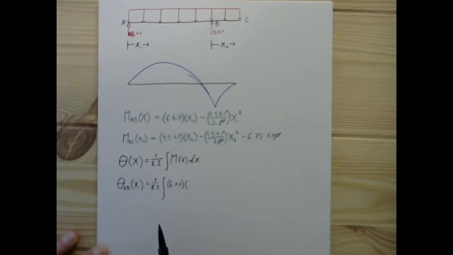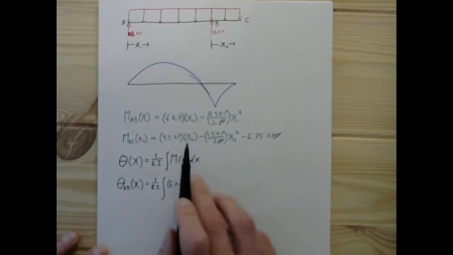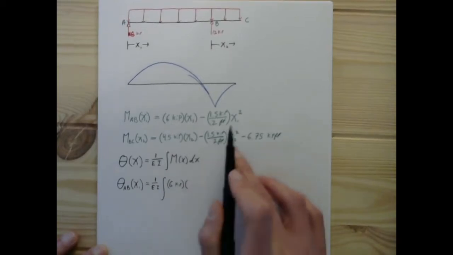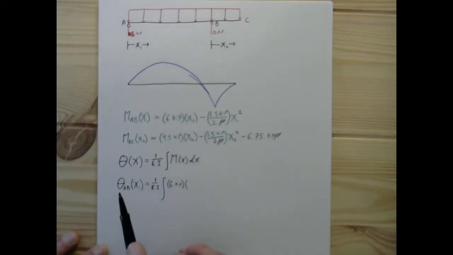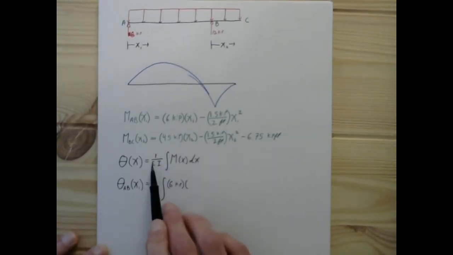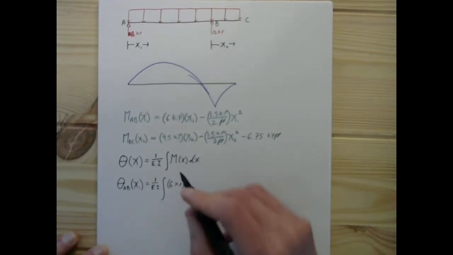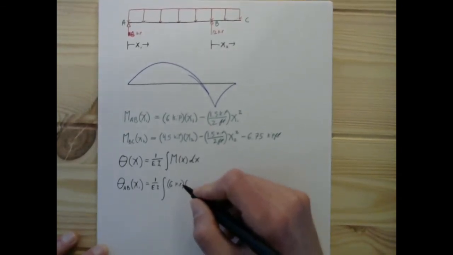I'm going to encourage you right now and for the rest of the semester to write out all of them all the time, because when you're dealing with feet to the fourth divided by ksi inches to the fourth, it can get pretty wild and hairy, and you're going to want to have it all written down the whole time.